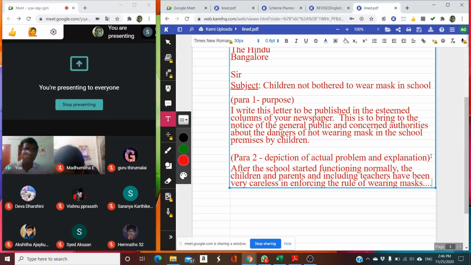Many more points can be written. Now I have written just one point. You can write as many points as possible, but don't write 2-3 pages. You have got a word limit.